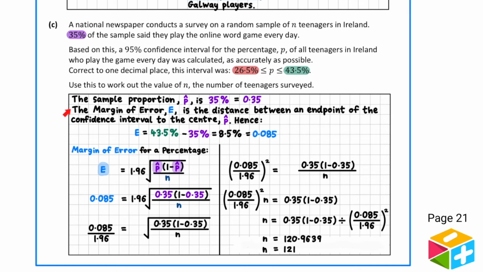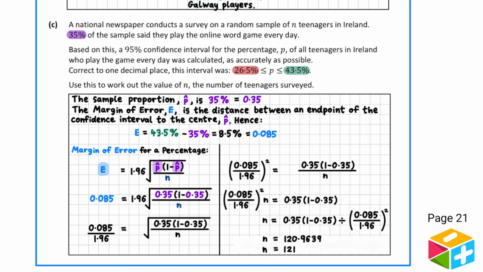The margin of error, E, is the distance between an end point of the confidence interval to the centre point. Whenever we construct a confidence interval, we always do it around the sample proportion or sample mean. So the centre point of the interval here will be the 35% we found as P hat.